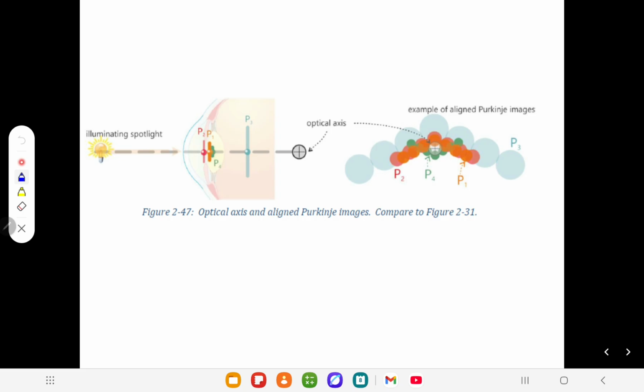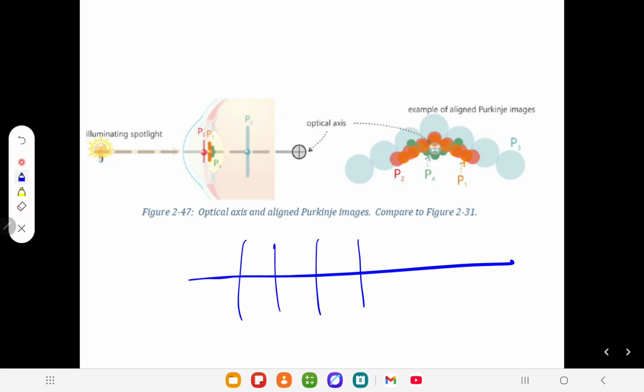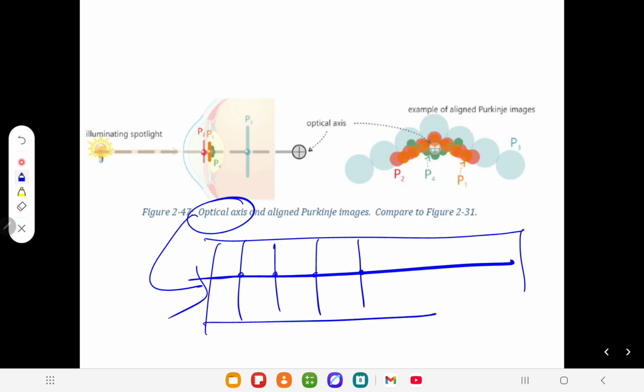First of all, I want to make clear that there is no true optical axis in the human eye, because to call it a true optical axis, the four surfaces, corneal front surface, corneal back surface, lens anterior surface, and lens posterior surface, must have linearly placed, straight optical centers. In the eye, all these four surfaces are not straight ahead or aligned.